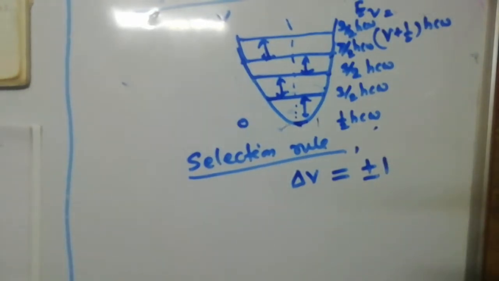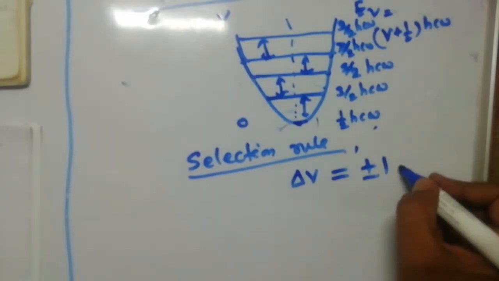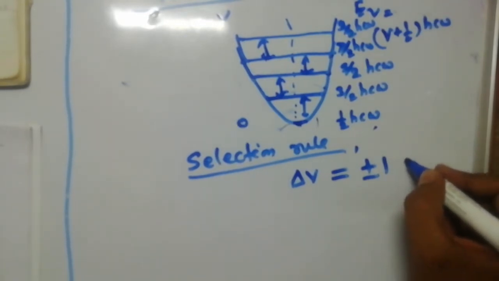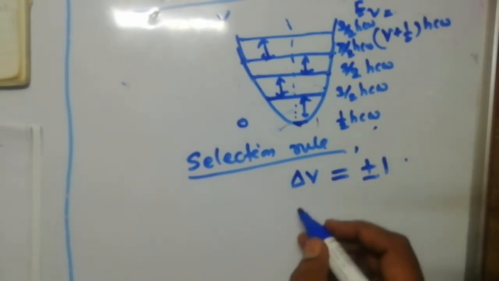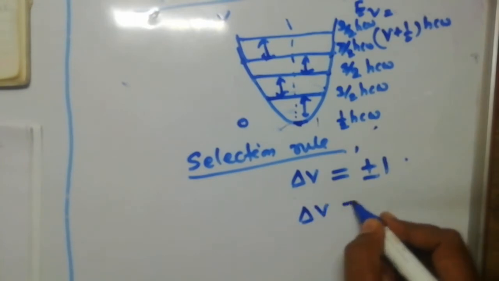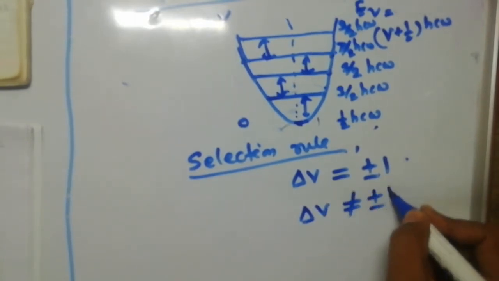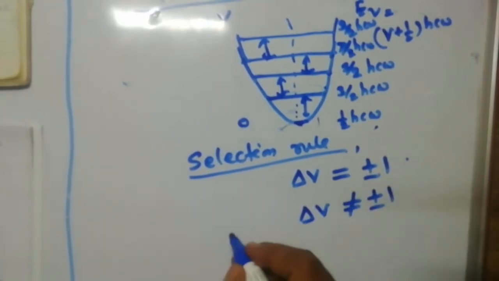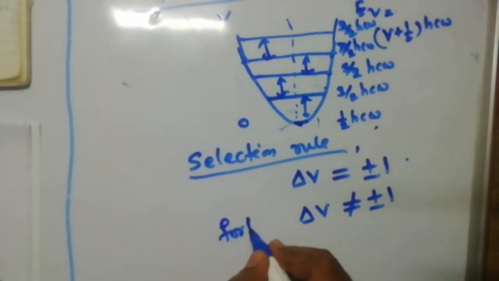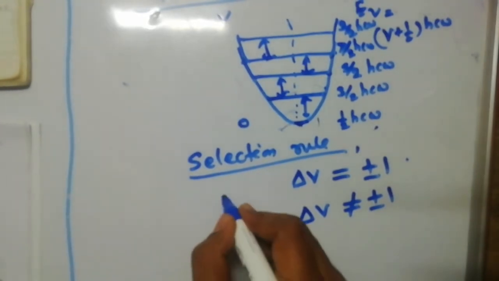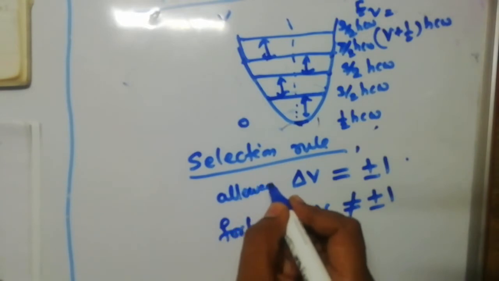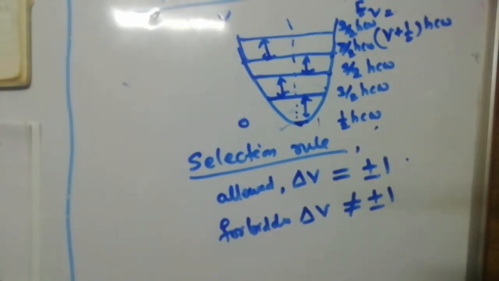Transitions that involve delta V equal to plus or minus 1 are called allowed transitions, whereas transitions for which delta V is not equal to plus or minus 1 are called forbidden or not allowed transitions. So the allowed transitions are those for which delta V is equal to plus or minus 1, right?